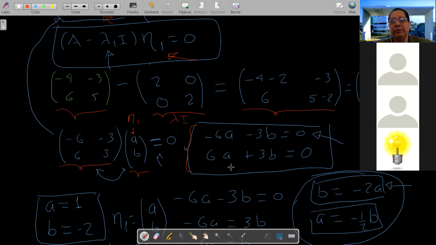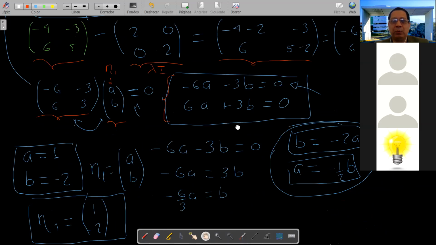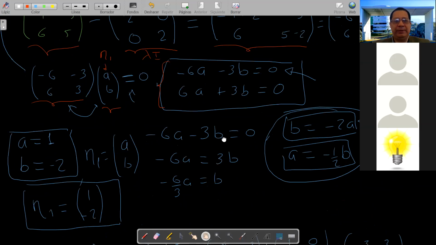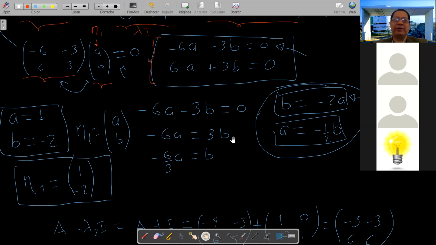So that's why you can't solve this system of two equations. The best you can do is write one variable in terms of the other one. Because if you try to use any method, you will find that they're going to cancel. For example, in this case, if you multiply the second equation by -1, you will get exactly the first equation.